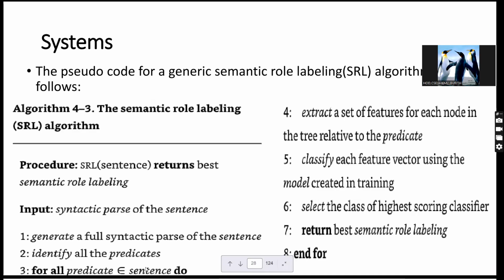We take one predicate at a time from the sentence, extract the features of that particular word, and then classify the word to a particular classification label or tag. Then we take the highest score of the classifier. Why? Because the word can be matched with different senses or different classes, so we take the highest scoring class with which the word matches. Then we return the best semantic role labeling of that particular word.